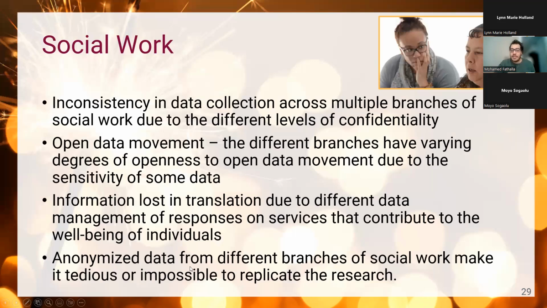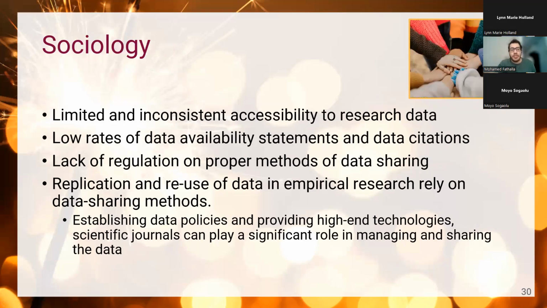The anonymized data from different branches of social work make it tedious or impossible to replicate the data or the research. Finally, for sociology, limited and inconsistent accessibility to research data is one of the huge issues. So having inconsistency is one of the challenges for documentation for sure.